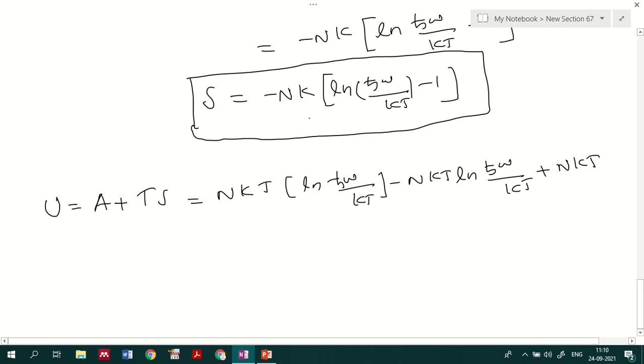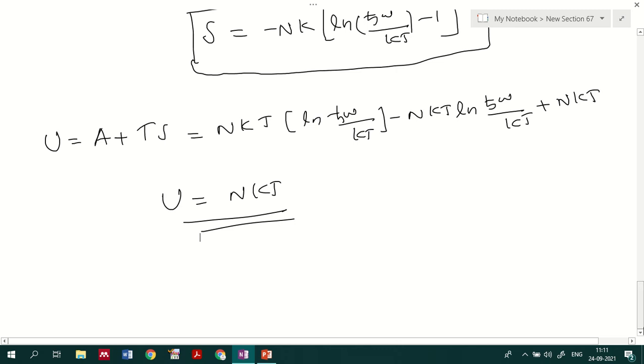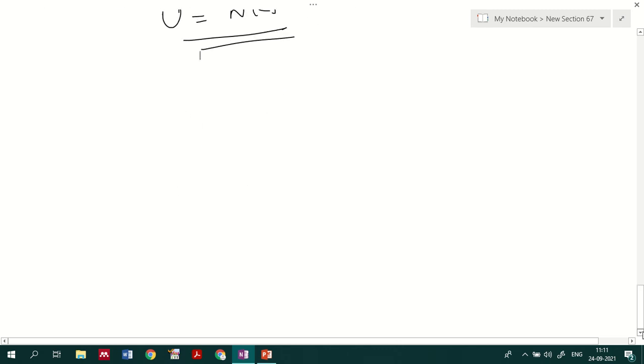This is how I got Ts, where S is the entropy, T is the temperature. When you substitute that, these two you can cancel out, then U will be equal to nkt. I'm not cancelling each term out because when I present the note, it is difficult to understand. So we got the internal energy equal to nkt corresponding to an harmonic oscillator.